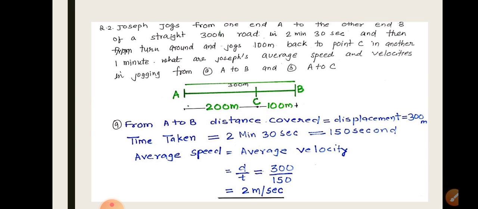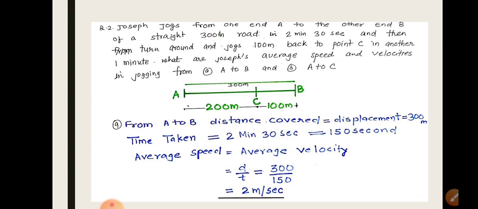Now we have question number 2. Joseph jogs from one end A to the other end B of a straight 300 meter road in 2 minutes 30 seconds, and then turns round and jogs 100 meter back to point C in another 1 minute.